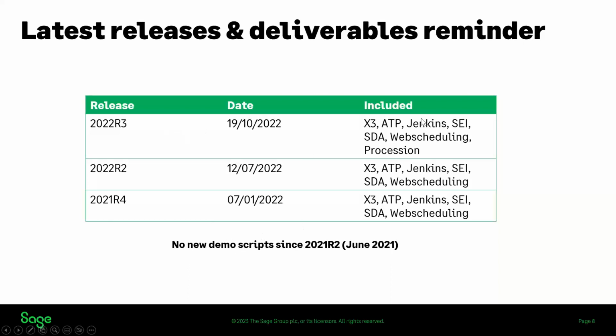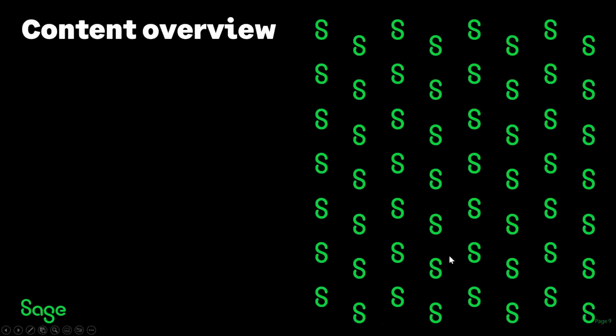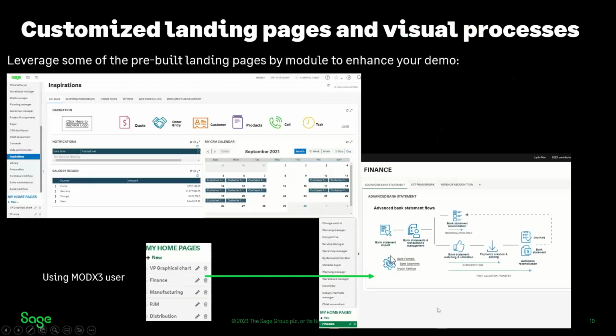As you see in R3, what we included was all of this here that I'm going to explain a little bit now. So the content overview. As we said, there is a dedicated user called ModX3 user. When we release this machine, you have a specific blank paper where we explain all the logins and passwords.